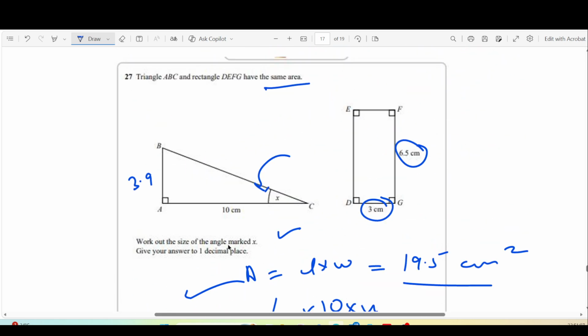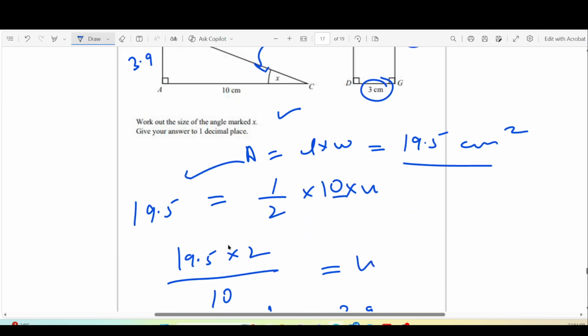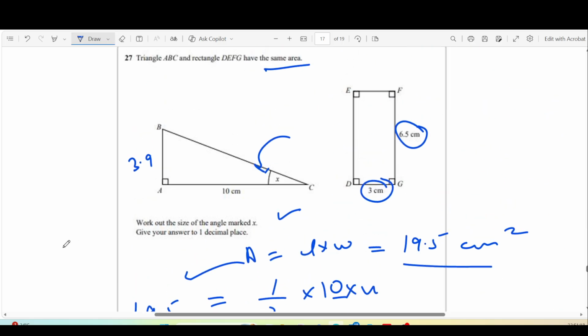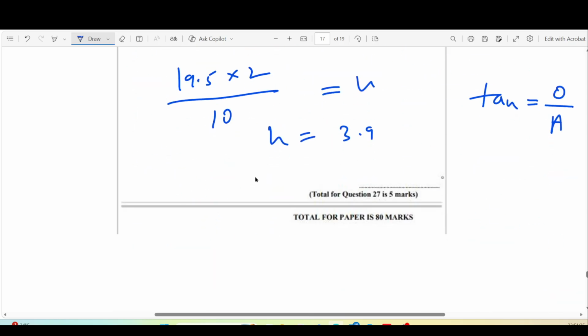I have base. So if you remember the tangent ratio, the formula for tan is opposite over adjacent. If you look at this angle, this side is opposite and this is adjacent, right? And if you divide these two, you will get the ratio. So opposite is 3.9 and adjacent is 10.